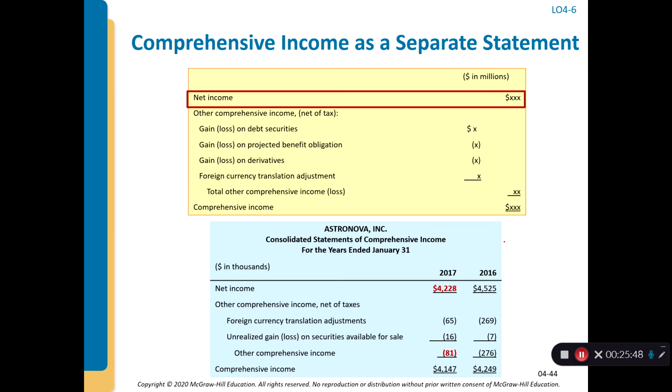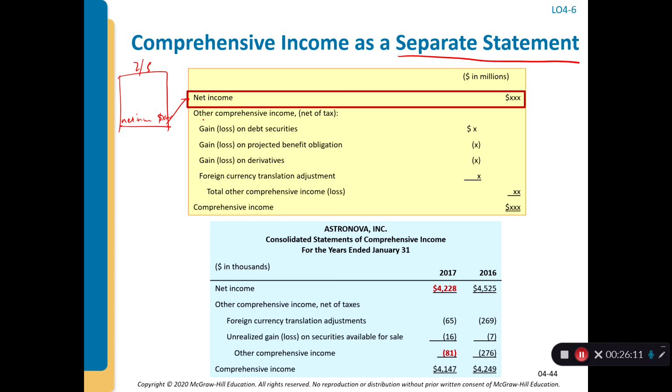So let's see this example. This is comprehensive income as a separate statement. First of all, you have an income statement that has a net income number, and then you directly copy it to the comprehensive income statement.